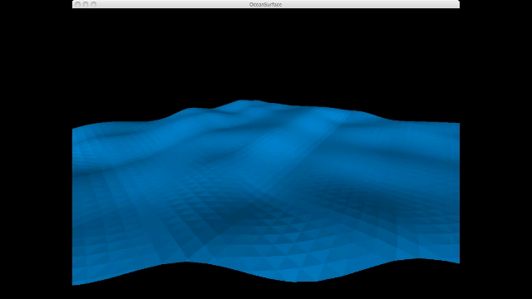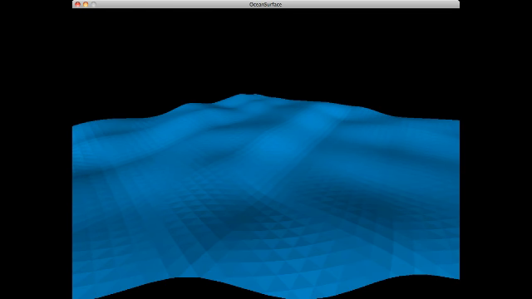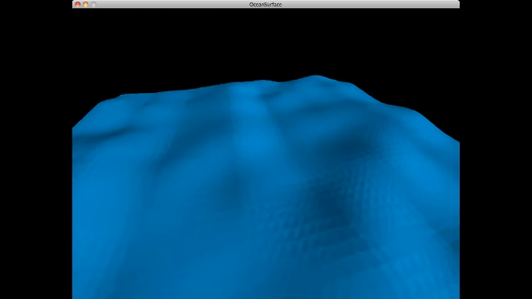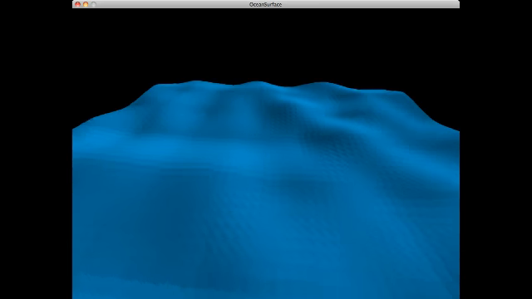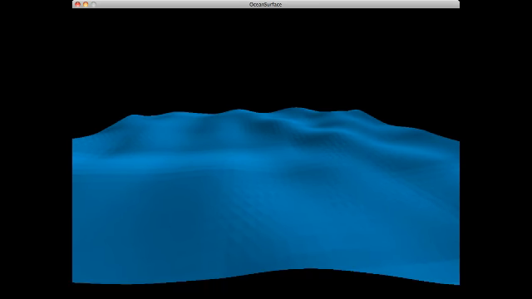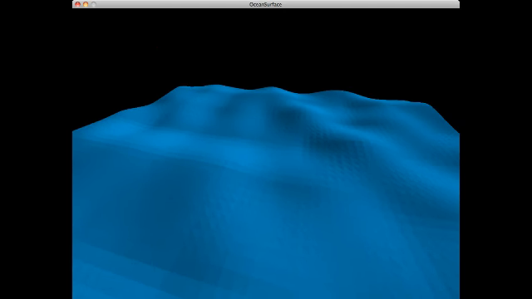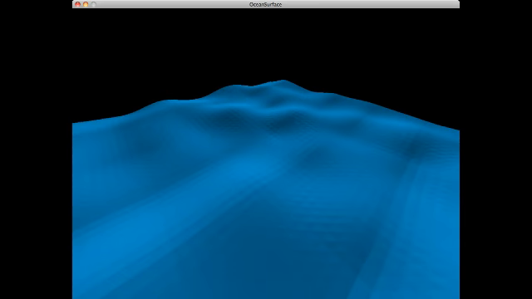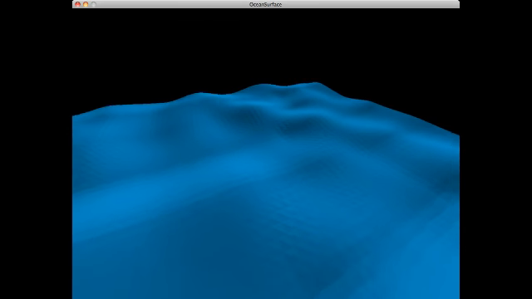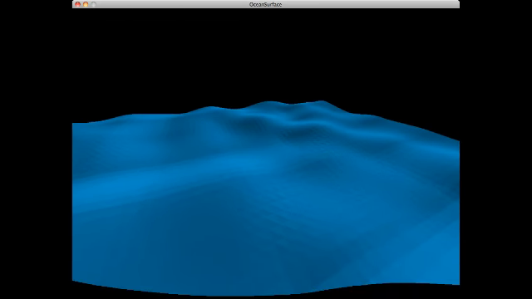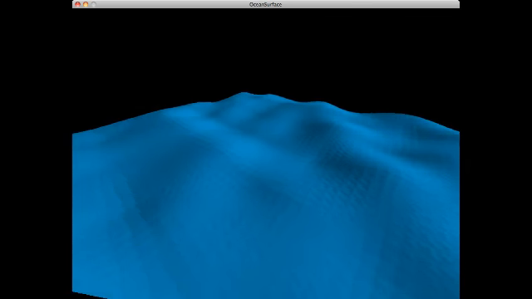On the screen is a 64 by 64 vertex grid. Each vertex represents a particular height in the ocean surface, and those values are generated from the noise function that was built based on some of the recommendations in that write-up.